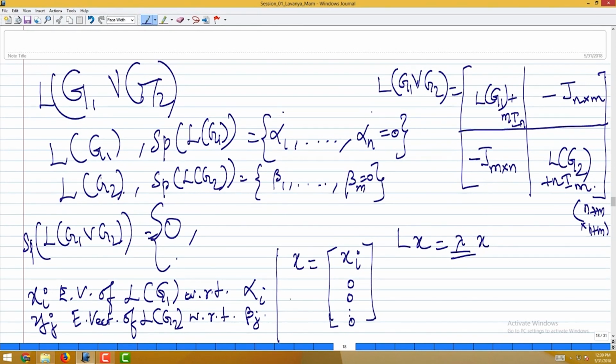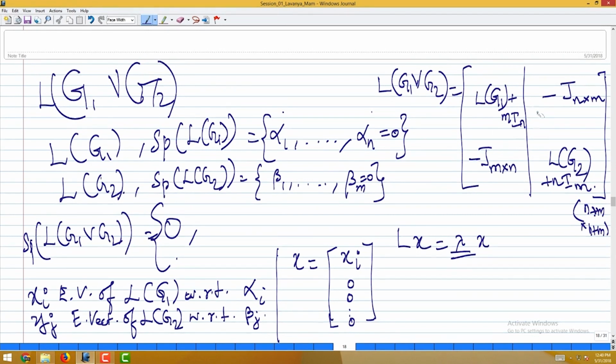If I just take this x vector and multiply it with this Laplacian here, can I say something? If you do this as a block multiplication, what will happen? Say I just take this vector x and multiply it with L.